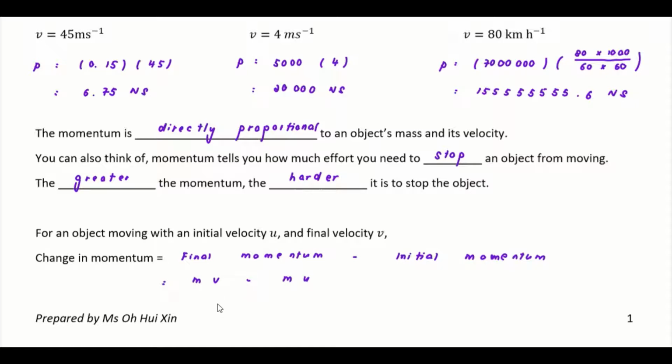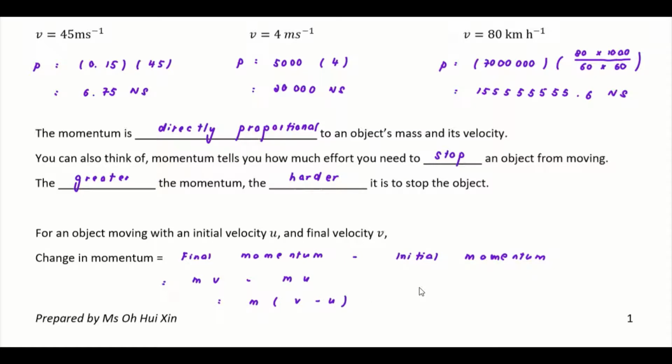Normally we talk about an object whose mass is not going to change, right? So the same object has the same mass, and we can always factorize out the mass. Then we are left with final velocity minus initial velocity.